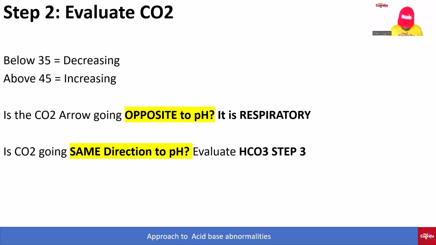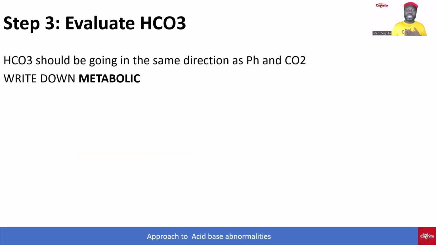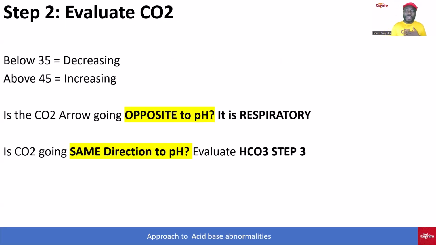It could be acidotic or alkalotic. Good, that is correct. Now the issue comes if the arrows are going in the same direction. If the arrows are going in the same direction, that is when we introduce HCO3.